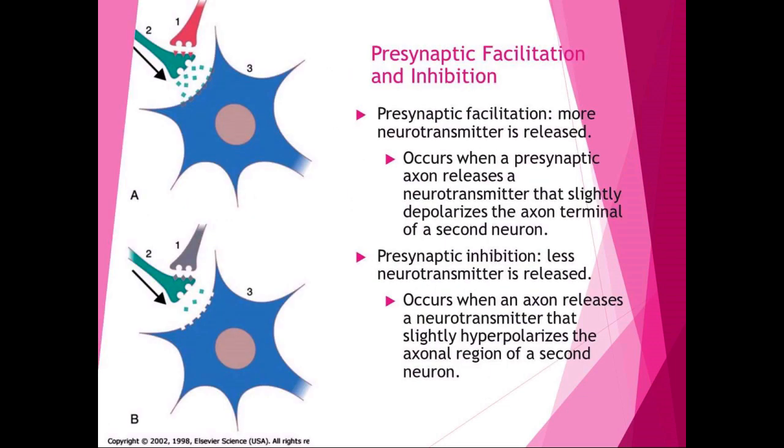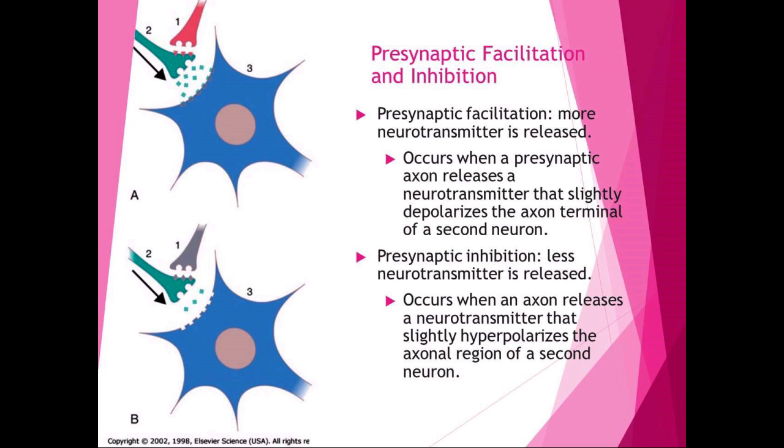At those axoaxonic synapses, they could either be a facilitating potential or an inhibitory potential. Presynaptic facilitation causes more neurotransmitter to be released. It occurs when a presynaptic axon releases a neurotransmitter that slightly depolarizes the axon terminal of the second neuron, so that second neuron releases more neurotransmitter than it would have without that additional input.